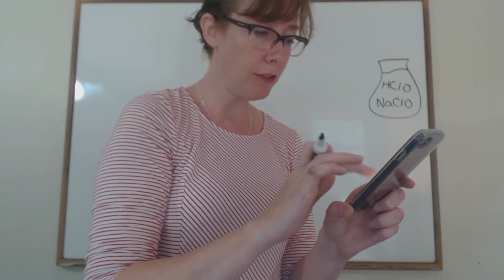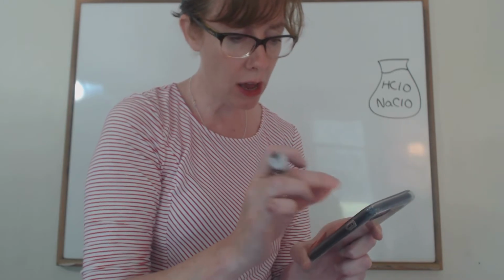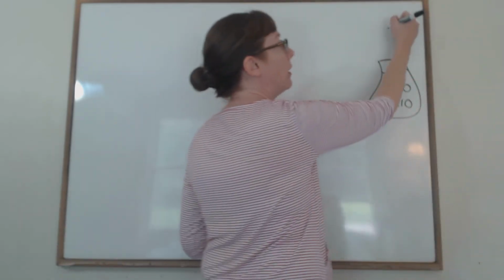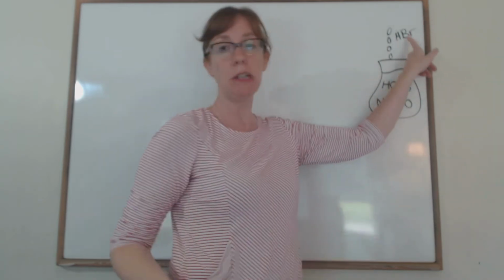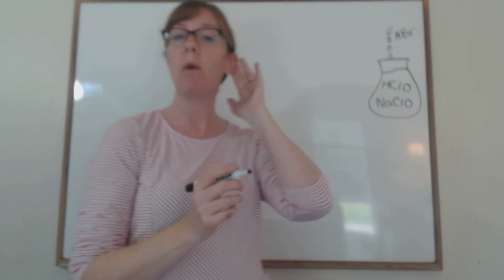Calculate the pH after the addition of 150 milligrams of HBr. So notice now we are adding in a strong acid, remember how we talked about that? HBr is actually on your strong acid list. So it's just exactly what we were talking about before.